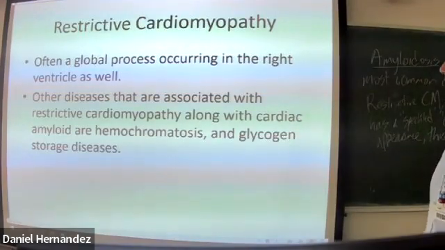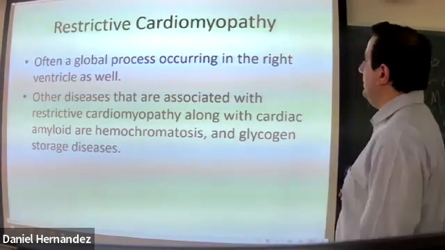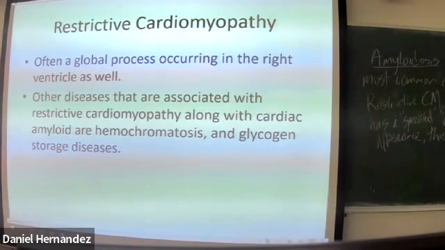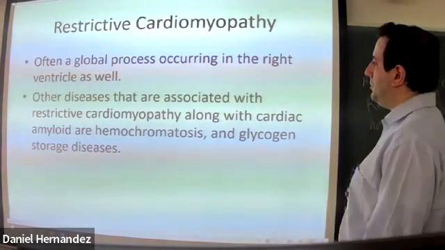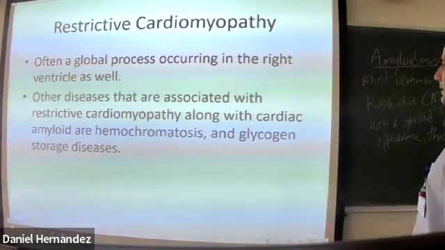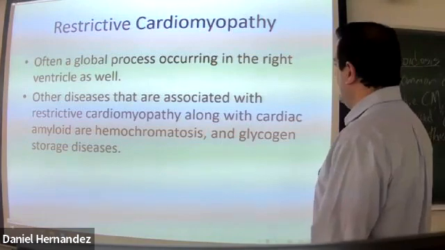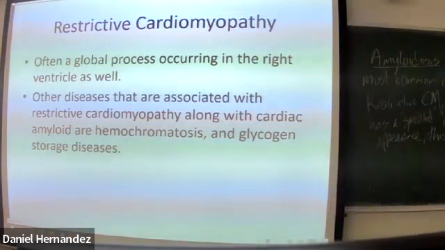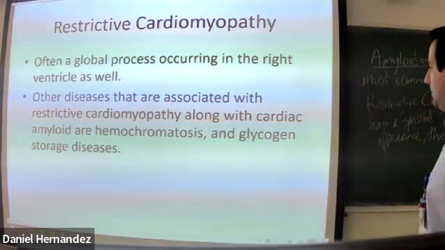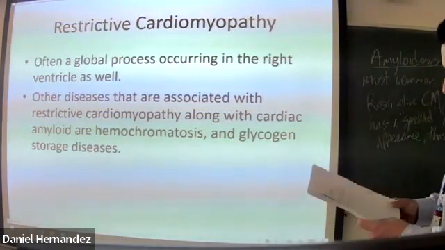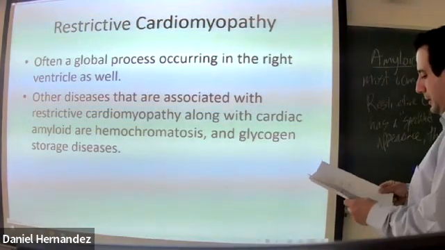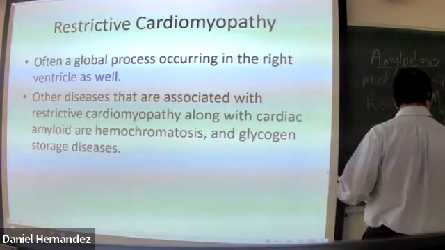So with restrictive cardiomyopathy, it's often a global process and will also occur in the right ventricle as well. So there are some other diseases that are associated with restrictive cardiomyopathy, along with amyloidosis. Some of those are hemochromatosis and glycogen storage disease, as well as sarcoidosis.